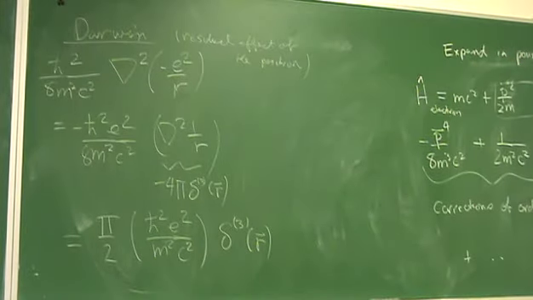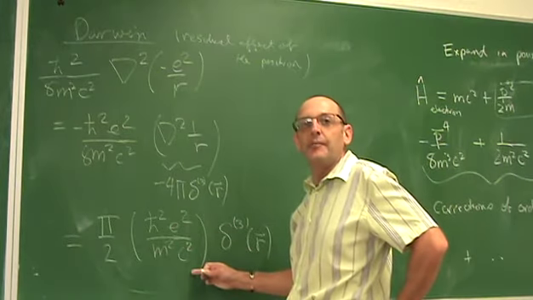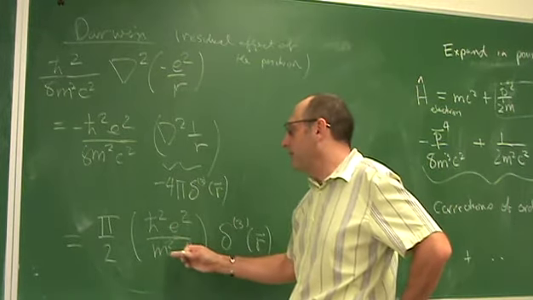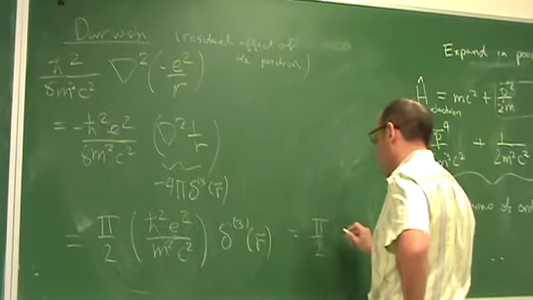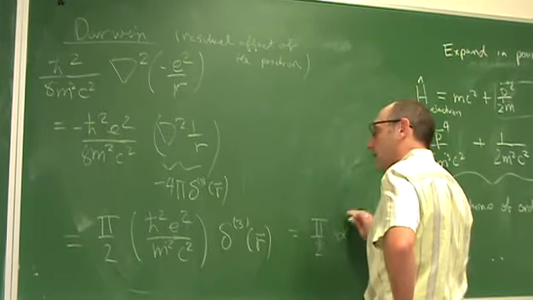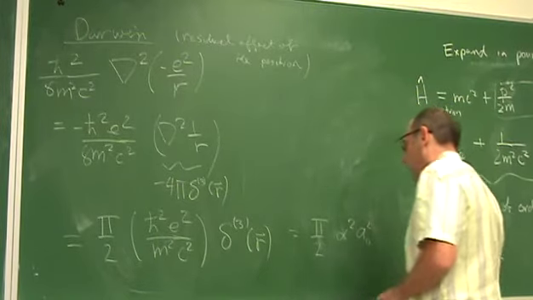No, there's just no better way to say it, at least that I know. Is it of the order that we said it is? Well, we got it again here. H bar over mc is the Compton wavelength. Compton wavelength squared is alpha squared times the Bohr radius squared.